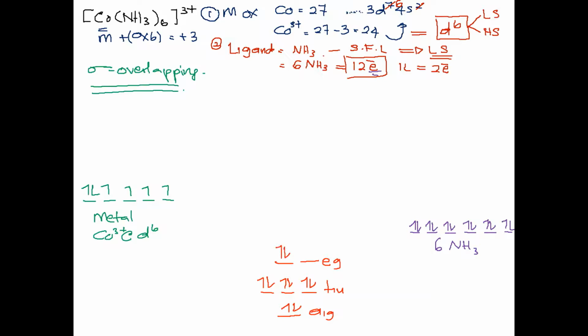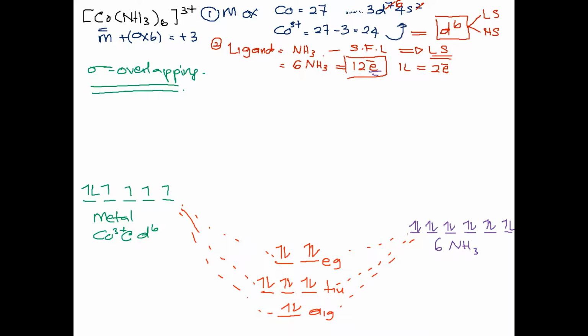So the total will be 12 electrons. And then you have another 6 coming from the metal.